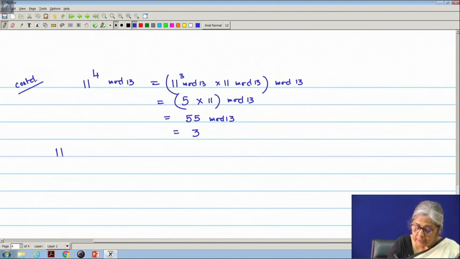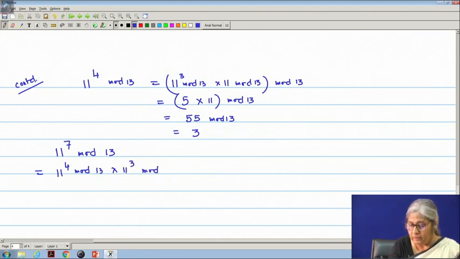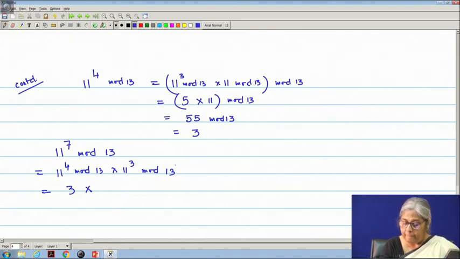So, now if I write 11 to the power 7 modulo 13, I can write this as 11 to the power 4 modulo 13 times 11 to the power 3 modulo 13, and 11 to the power 4 is 3, because this is my multiplication rule, and this cube is 5.